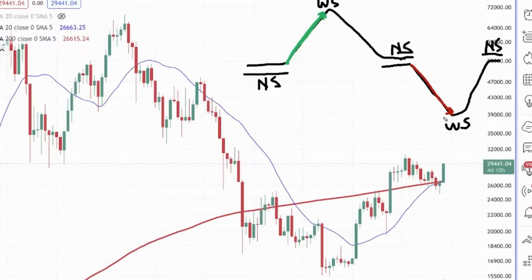So in reality, you have 3 states. Your narrow state is 1, your trending state is 2, that's the in-between state, and the wide state is 3.